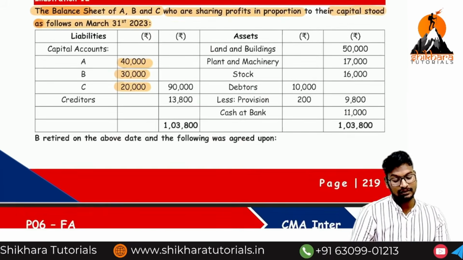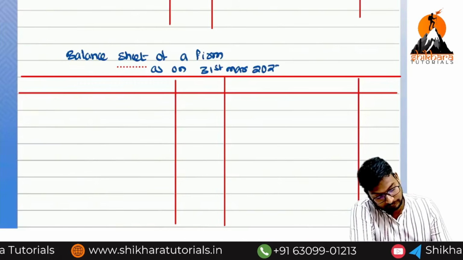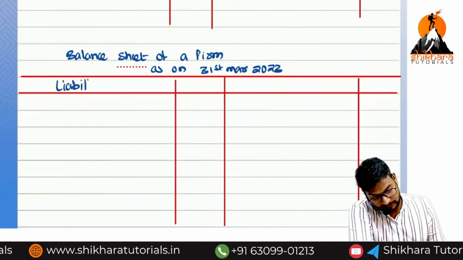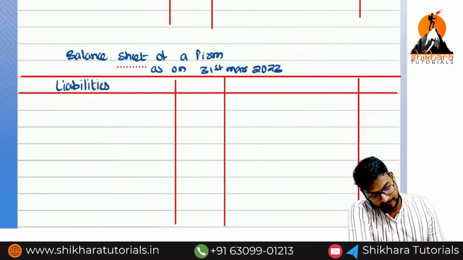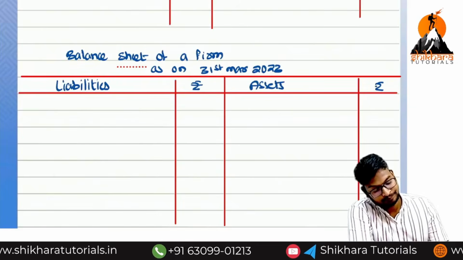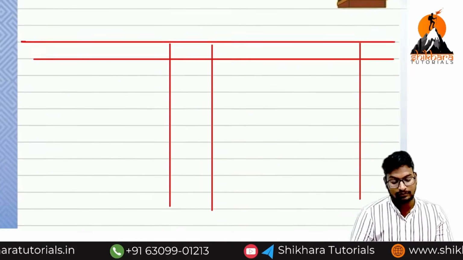You are not given anything, huh? Okay. Liabilities amount rupees. Assets amount rupees.